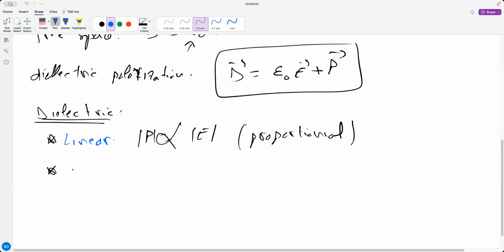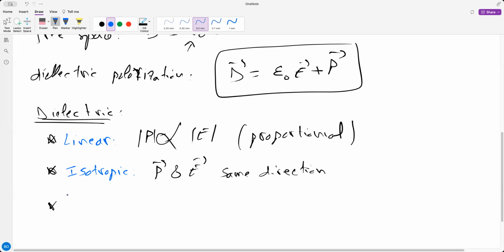A dielectric is also called isotropic if the polarization field and the electric field have the same direction. Same direction means parallel. They are anti-parallel. They will not have the same direction, but they are anti-parallel to each other.